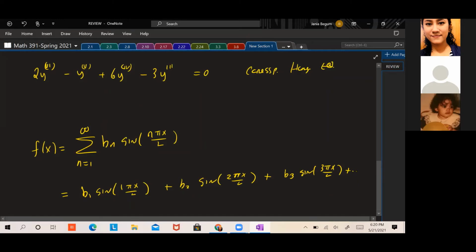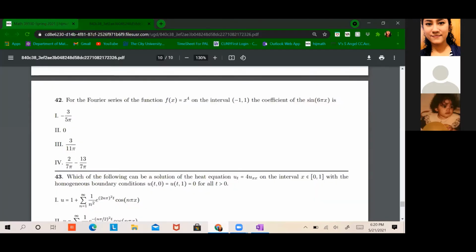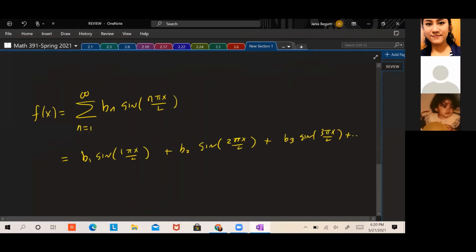Now this one was asking, what is the coefficient of sine of 6 pi x? So what is L for this problem? 1. So L is 1. So that means this question wouldn't really do much because bn is 0. But suppose you had L equals 2. Let's just consider L equals 2.